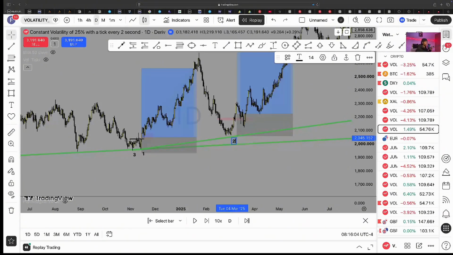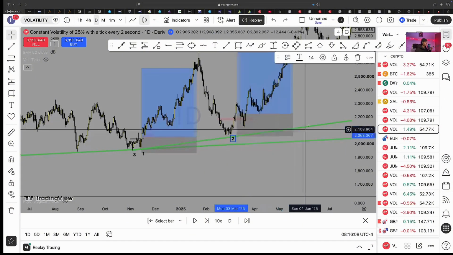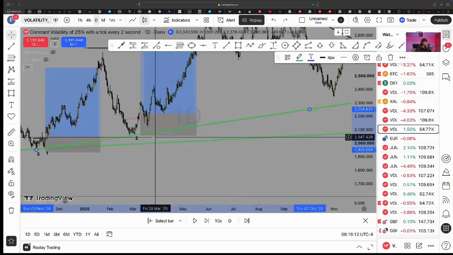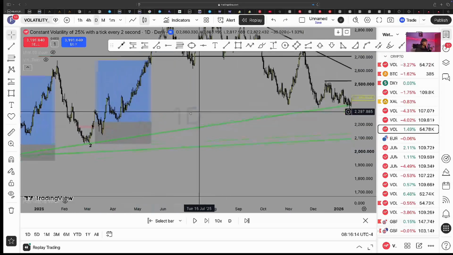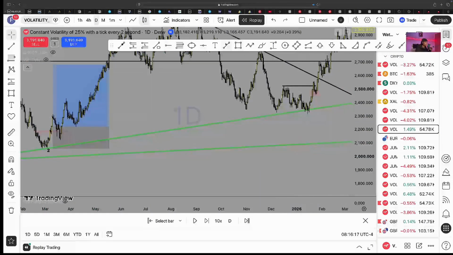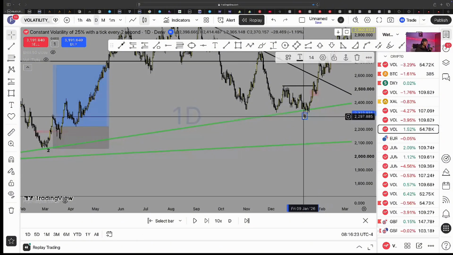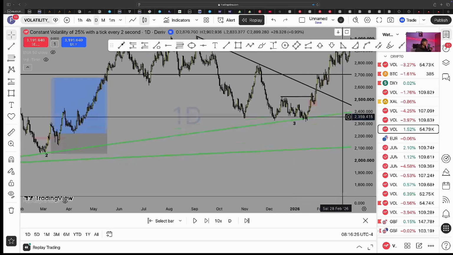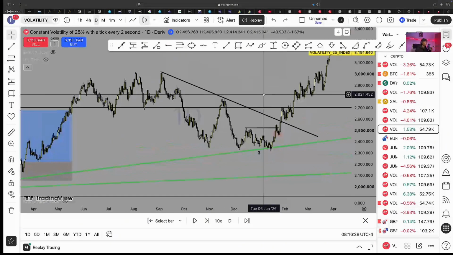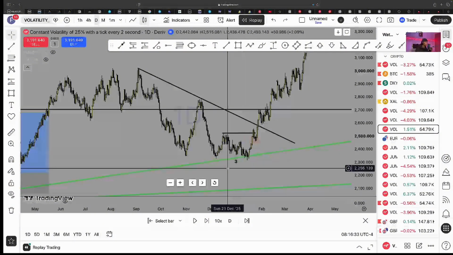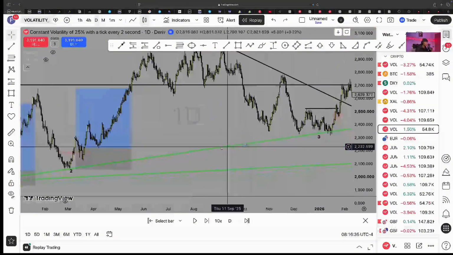So this is the second touch, the second touch and the third touch. You guys can see how buyers tend to step in a lot at the third touch, defending this trend line.